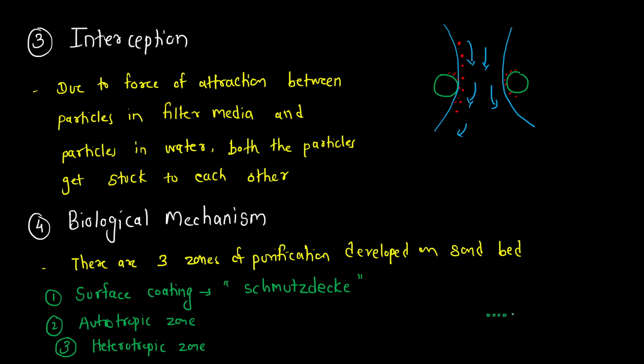This is a sand bed. Above this sand bed these three layers are present. On the topmost there is the surface coating, smooth deck. Below smooth deck there is the next coating, the autotrophic zone, and below this autotrophic zone, into the filter media, that is sand, there is the heterotrophic zone. All three zones help in the purification of water.